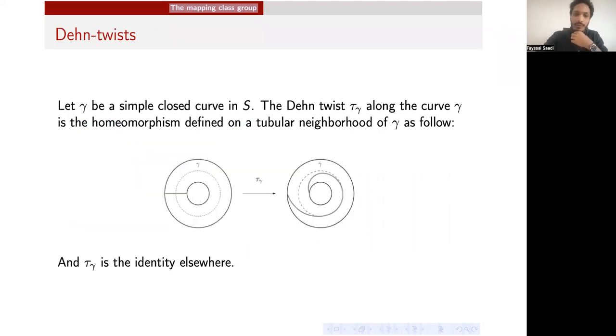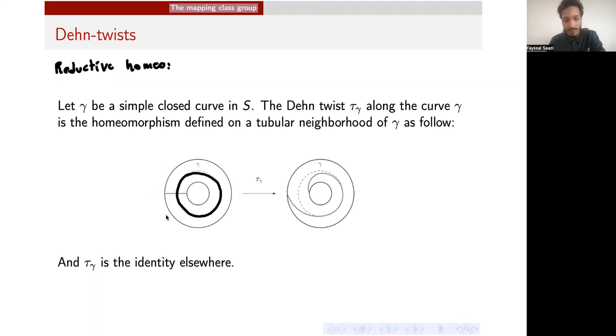An important example of reducible homeomorphisms are the Dehn twists. If you have a simple closed curve on the surface S, what is the Dehn twist? We take the curve gamma here, and then you take a tubular neighborhood of gamma.